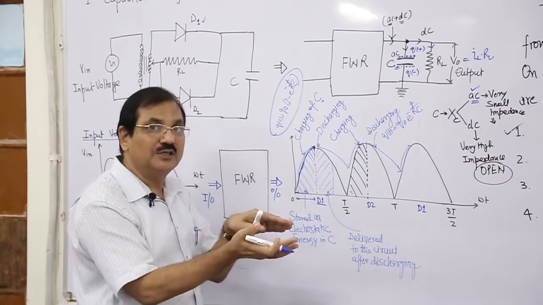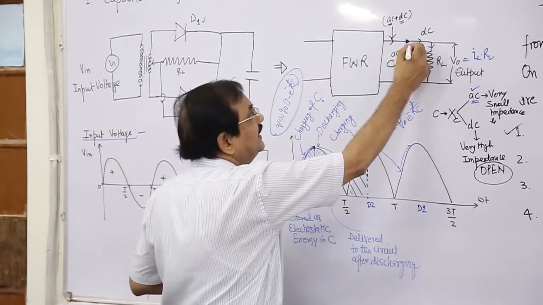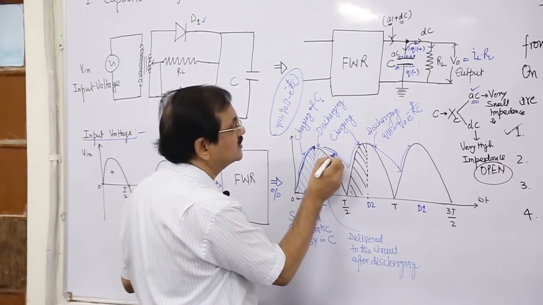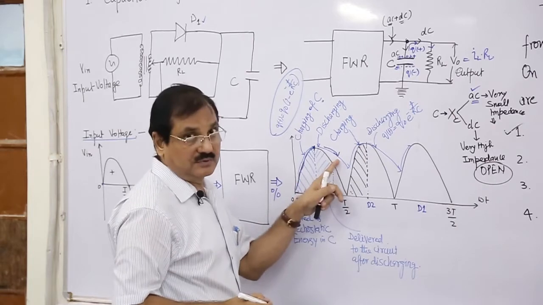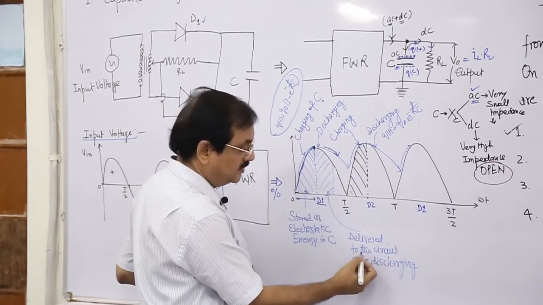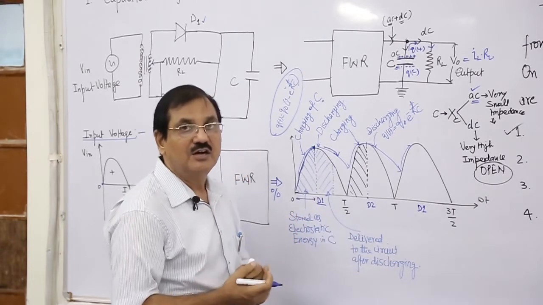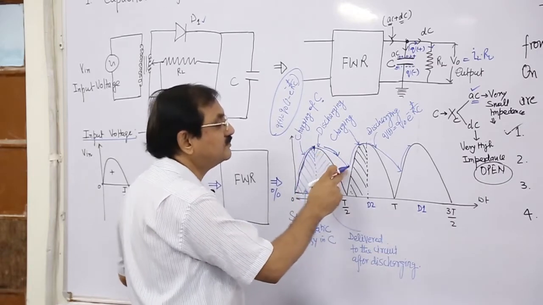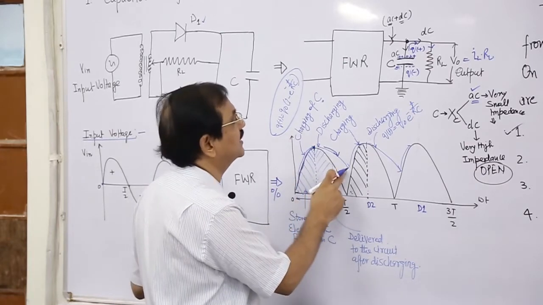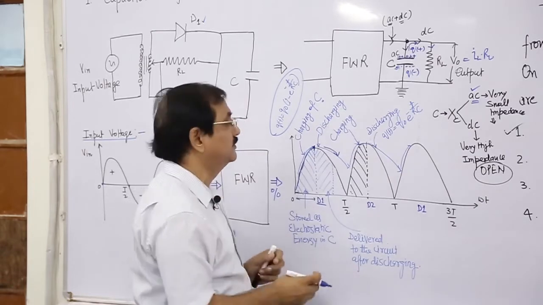And when the current is going to decrease, this will supply the current to the output section. This part supplies the energy, so this can be expressed as delivered to the output circuit after discharging, so that the current across the load will be maintained.